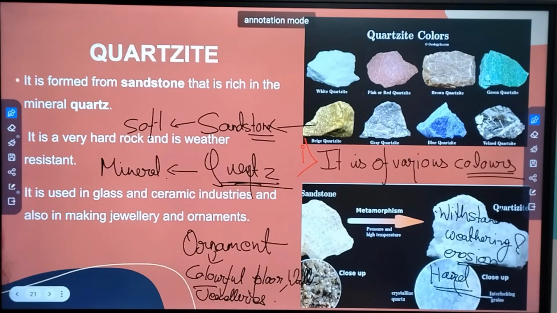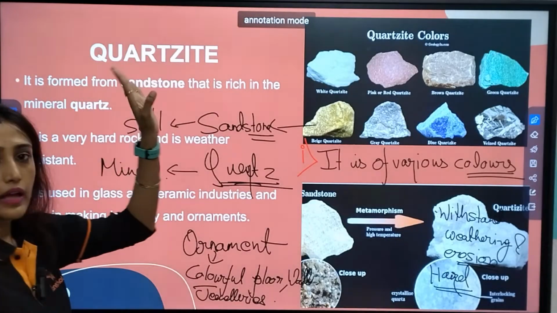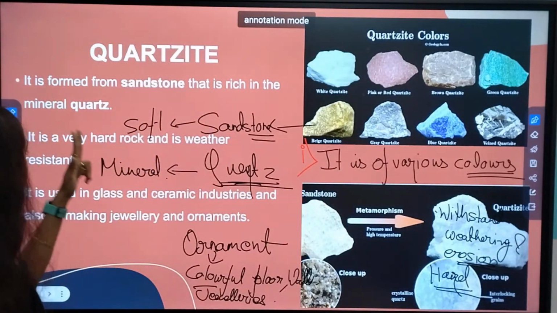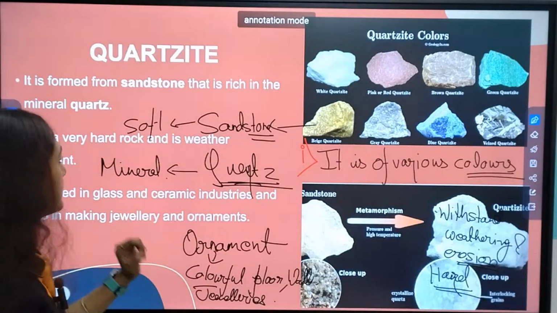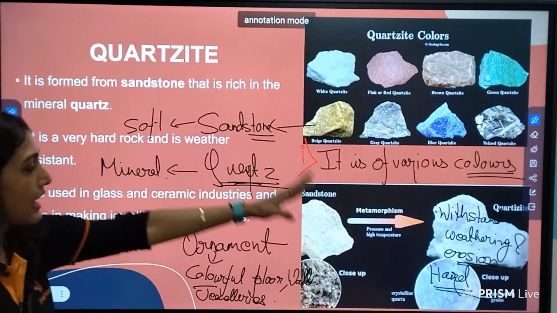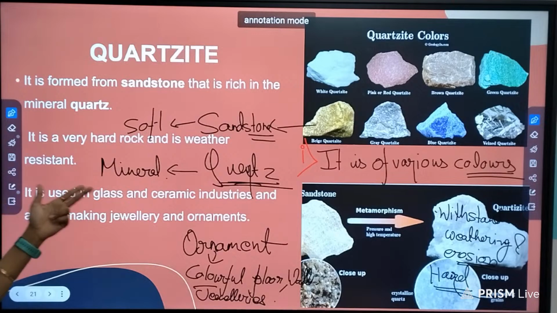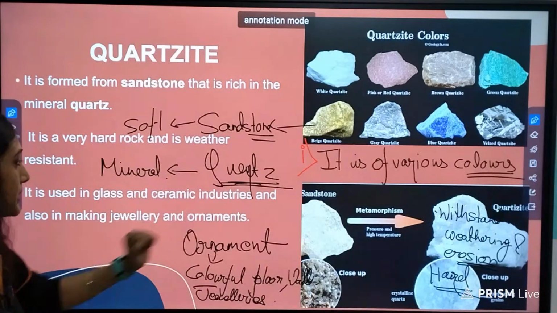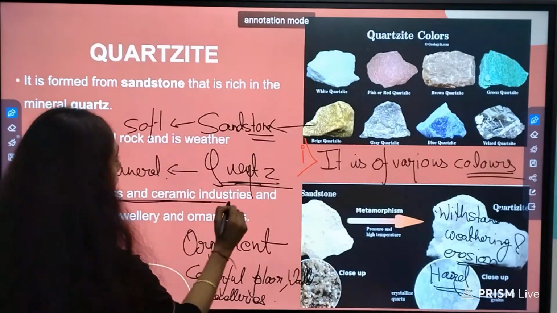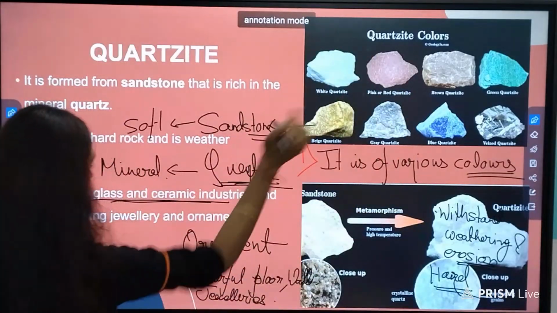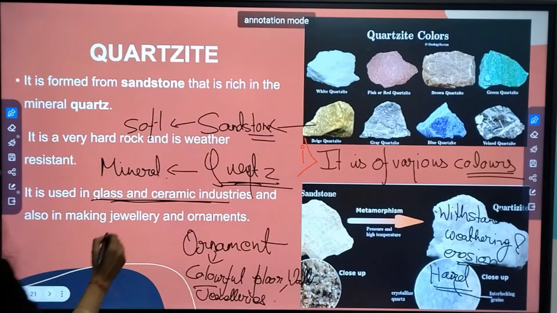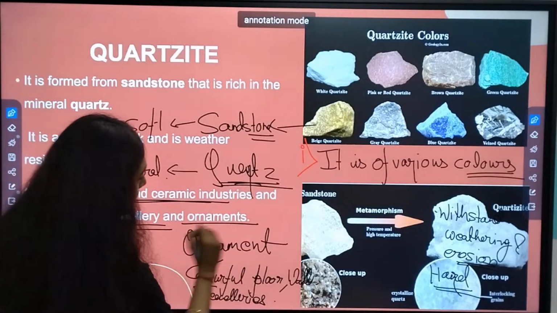Okay, now let's read. It is formed from sandstone, I have told you. It is a very hard rock, I have told you, and is weather resistant, I have already told you. It is used in glass and ceramic industries. Why? Because it is found in various colors and also used in making jewelry and ornaments.